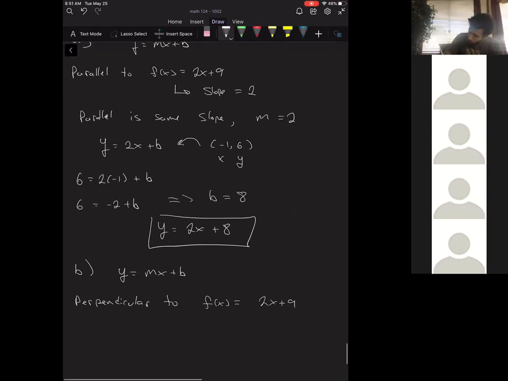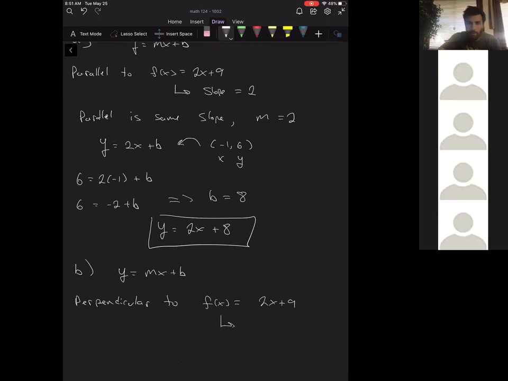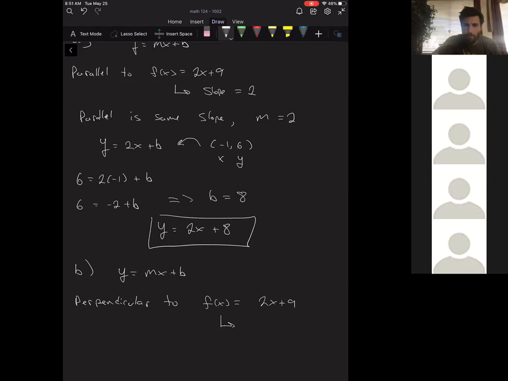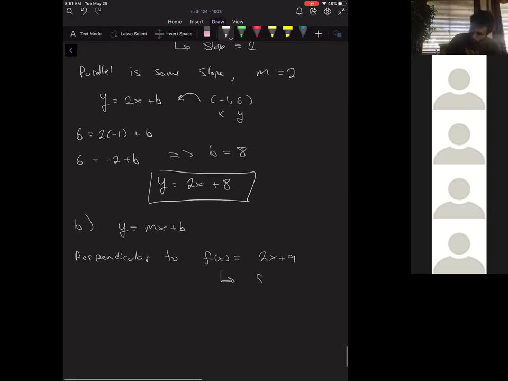So we know the slope of this line is equal to 2. And so we know that a perpendicular slope means it's going to equal -1 divided by that slope. So -1 divided by 2, which is just going to be -1/2.